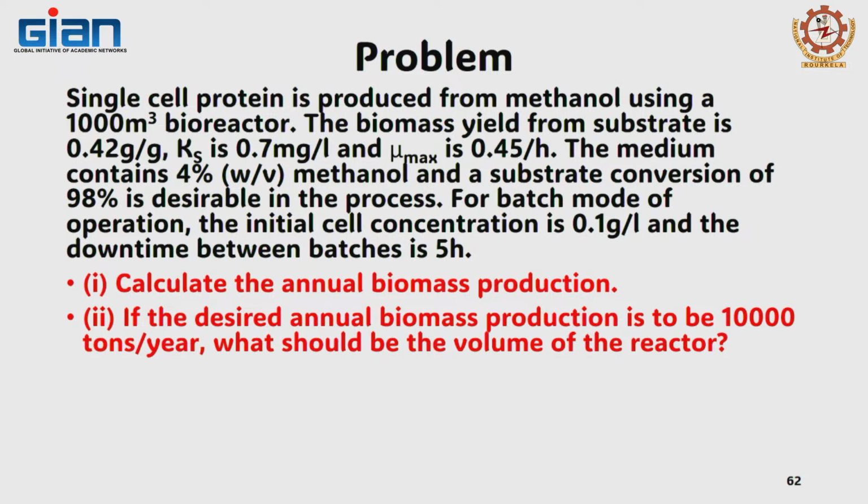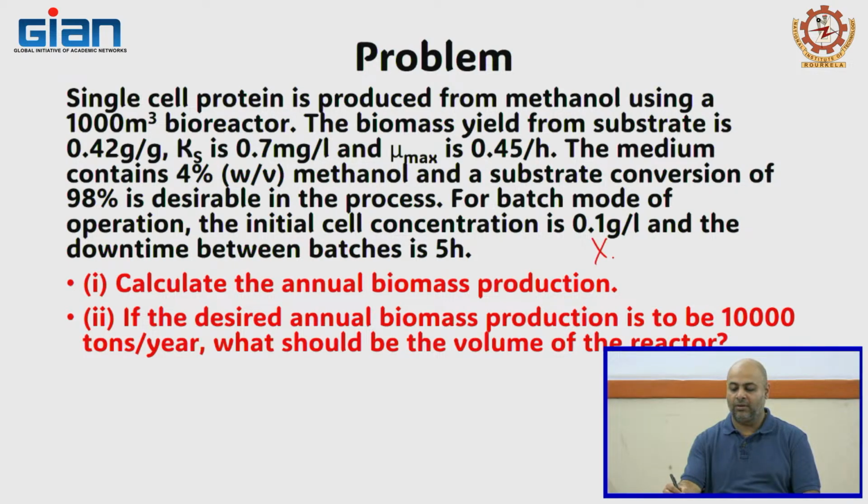Now, methanol is being used to produce single cell protein. The medium contains 4% methanol weight by volume. Understand this difference, this ratio. So, for batch mode of operation, the initial cell concentration is 0.1 gram per liter, that is your X naught, and the downtime between the batches is 5 hours.